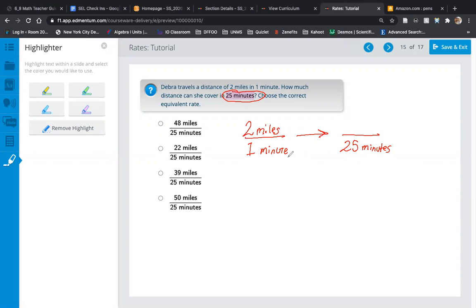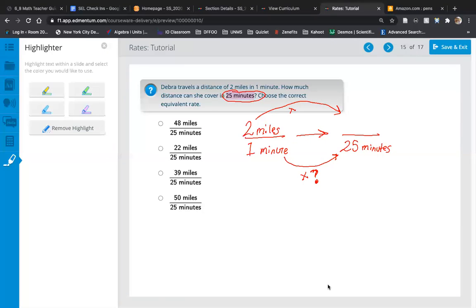So all you have to do is figure out 1 multiplied by what gives you 25. That should be a very simple question. And then you multiply 2 by that same exact number that you multiply by on the bottom to get to 25. That's going to give you your answer, right?